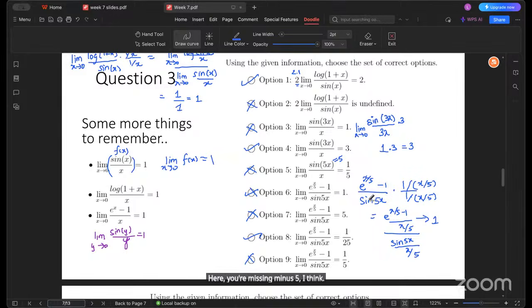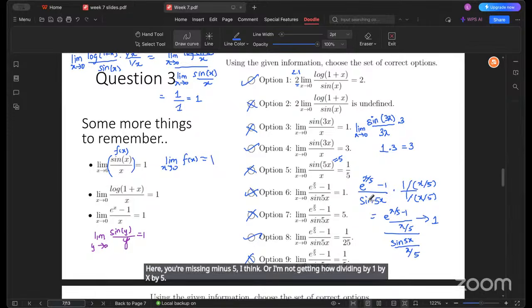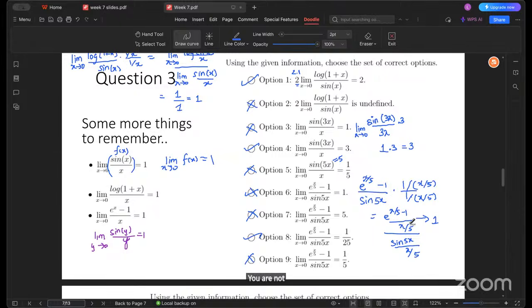Or I am not getting how you are dividing by 1 by x by 5. You are not understanding which part? How I'm dividing x by 5 in the numerator and the denominator, where did you get that 1? Can you just explain?